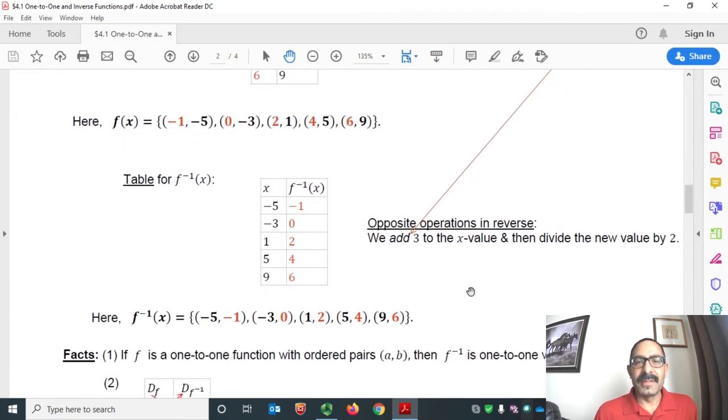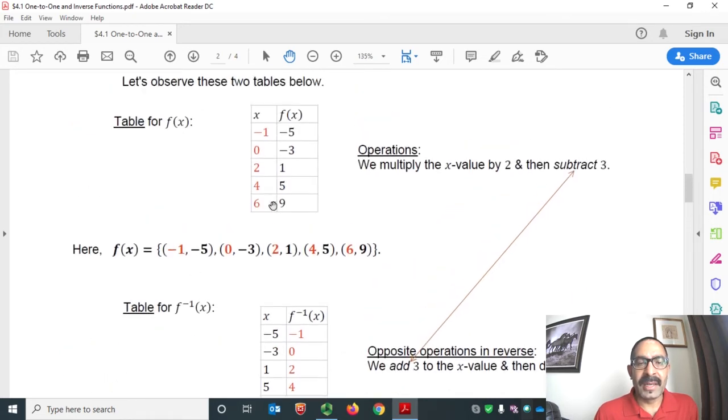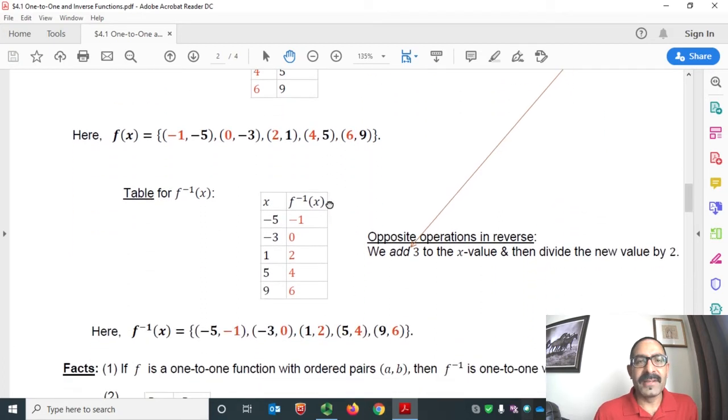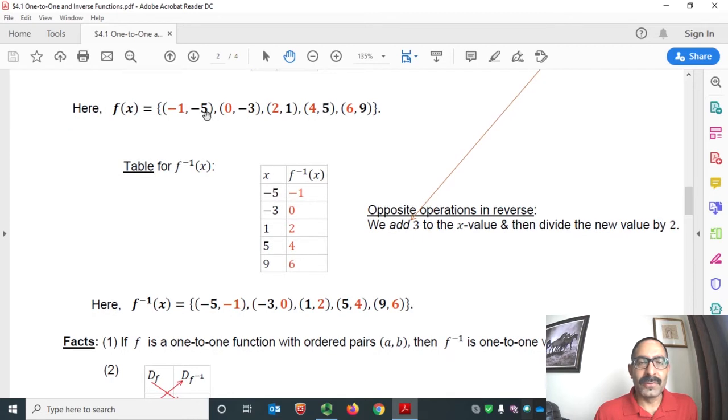If I write f(x) as ordered pairs, then f(x) equals this collection of ordered pairs: (negative 1, negative 5), (0, negative 3), (2, 1), (4, 5), (6, 9). And for the f inverse, we switch the ordered pairs: (negative 5, negative 1), (negative 3, 0), (1, 2), (5, 4), (9, 6).